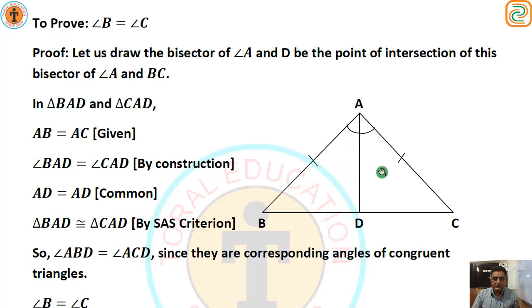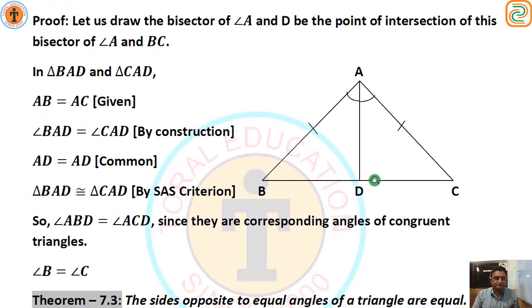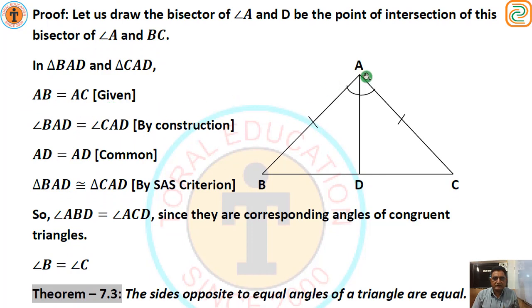Angle BAD equals angle CAD by construction, since we constructed the bisector of angle A. And AD is the common side, AD equals AD. So by the side angle side rule, we can say triangle BAD is congruent to triangle CAD, right?